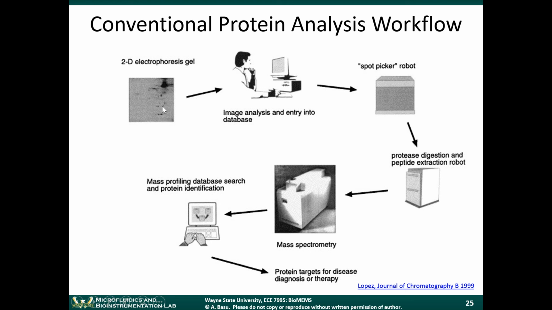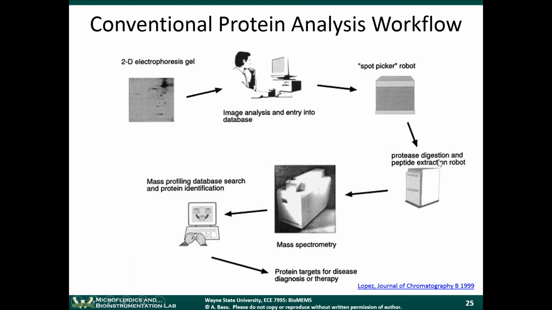This 2D gel separates out all the proteins, so each one of these spots that you see here is a certain type of protein. You can quantify it just by looking at the intensity of each spot, or if there's a certain protein that you want to analyze, you can pick out this spot with a robot, for example. You can do further analysis on it.